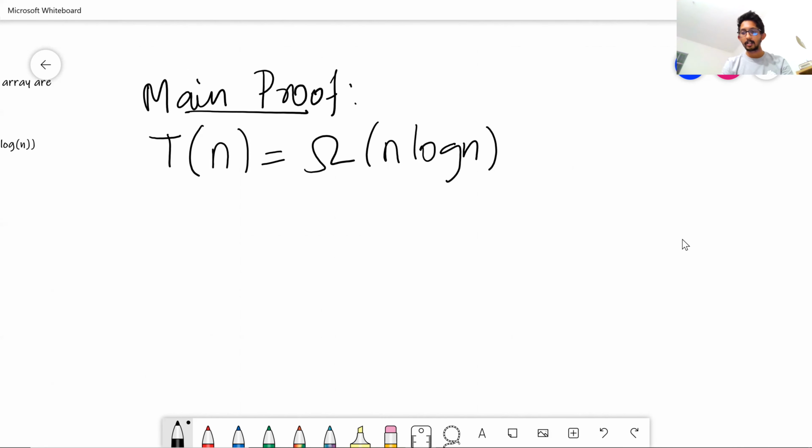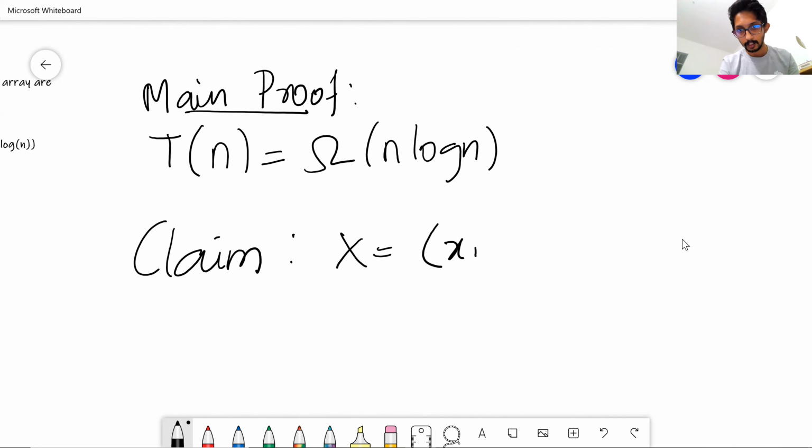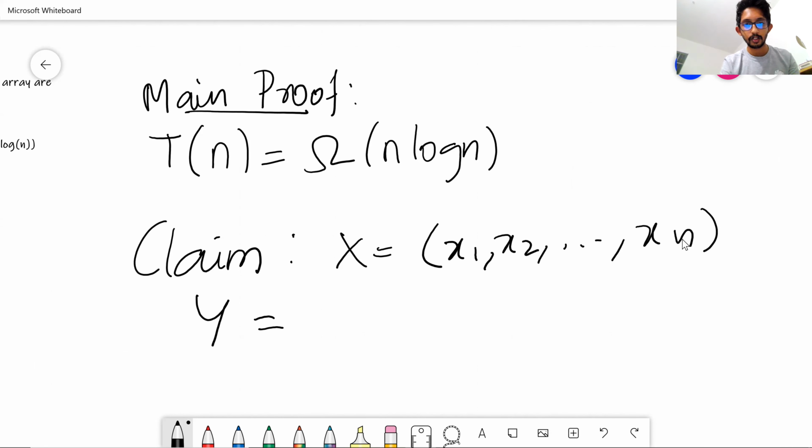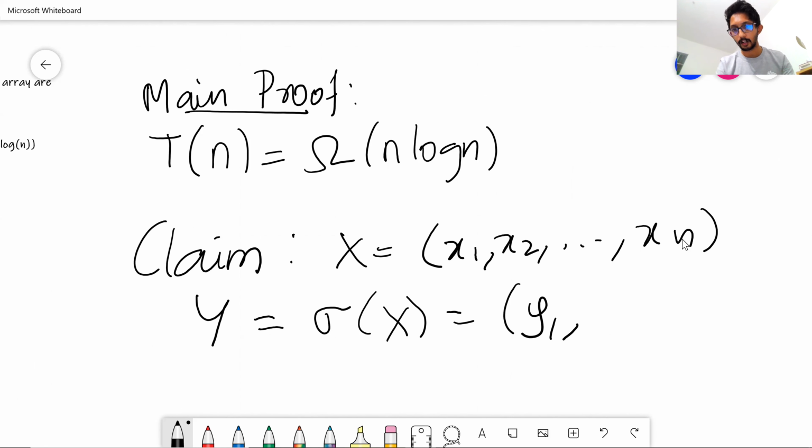The first claim we have to see is this. Say I have an array x, x1, x2, and so on up to xn, and an array y, which is a permutation of x. So y is basically x in a shuffled manner, y1, y2, and so on up to yn.